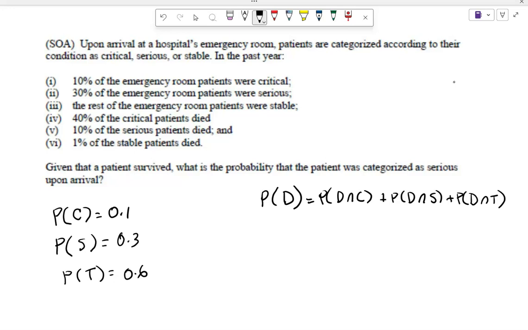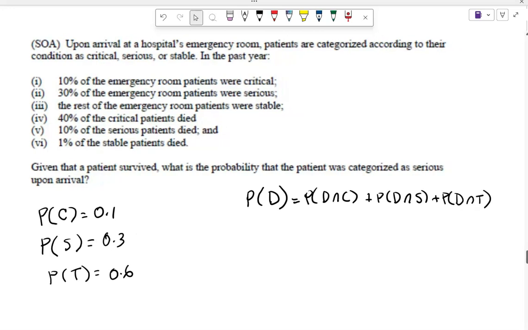These we are now able to write as conditional probabilities. I can write this in a couple of different ways, but one way is the probability that it was critical, and then the probability they died given they were critical.